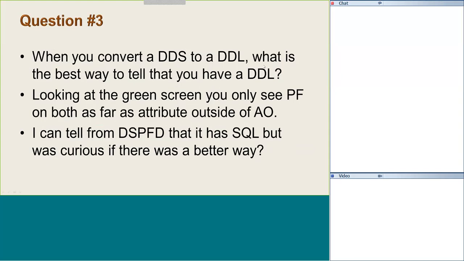When you convert a DDS to a DDL, what is the best way to tell that you have a DDL? One of IBM's best achievements, shall we say, as well as what I believe one of their biggest mistakes.